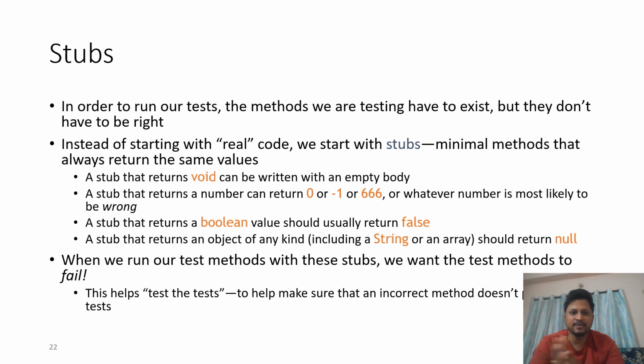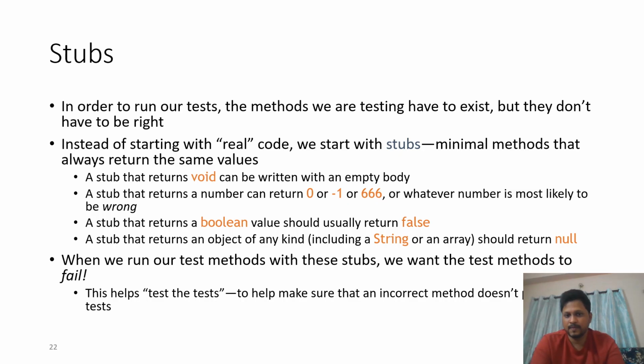These are the steps. In order to run the test, the methods we are testing have to exist, but they don't have to be right. Instead of starting with the real code, we start with stubs, minimal methods that always return the same value. A stub that returns void can be written with an empty body.